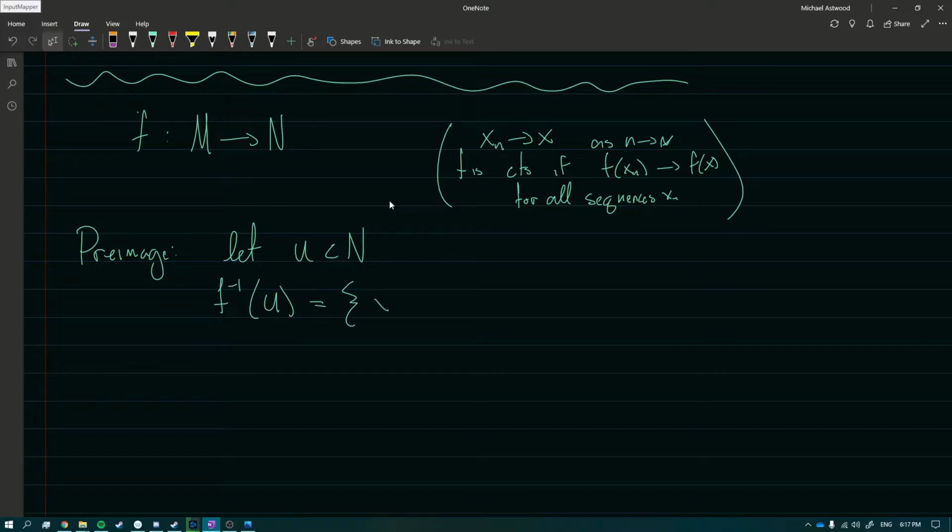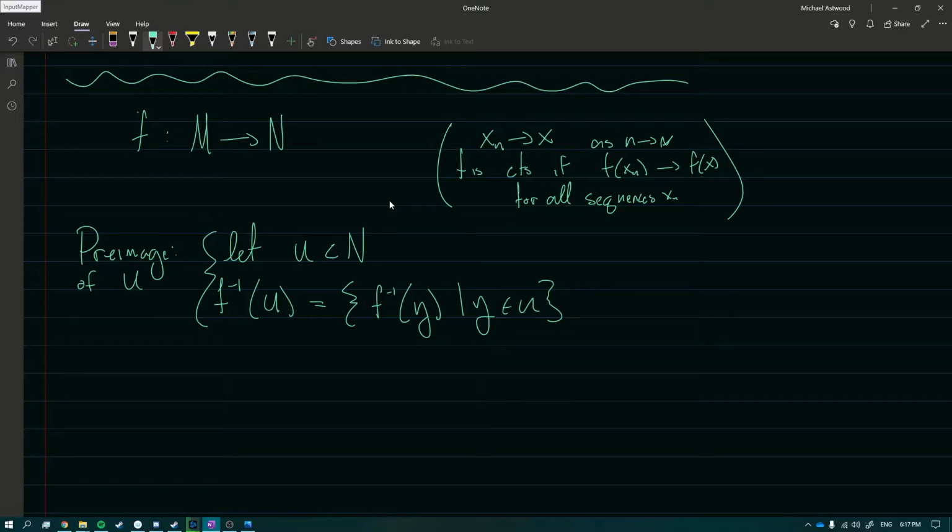It's all x in M such that F inverse of y equals x for all y in U. Yeah, this is a bad definition. Let me rewrite this. It's all f inverse of y such that y is in U. There we go. So this is the definition of the preimage of U. So we're going to need this.